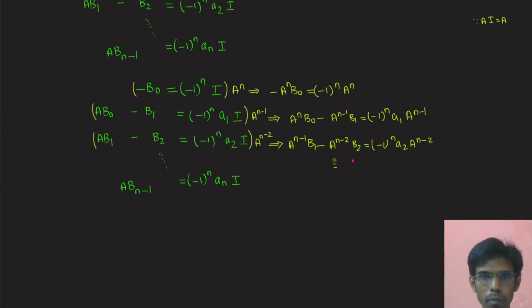At last, multiply this equation by the identity matrix. So this will become the same, A b_{n-1} is equal to (-1)^n a_n I matrix.